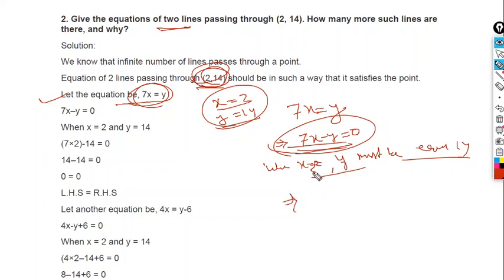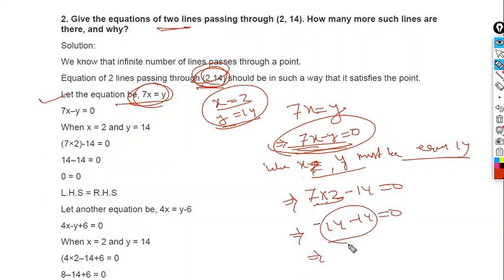Implies x equal to 2. Now 7 into 2 minus 14 equal to 0. 7 into 2 is 14, 14 minus 14 equal to 0. So LHS equal to RHS, so our equation is satisfying.